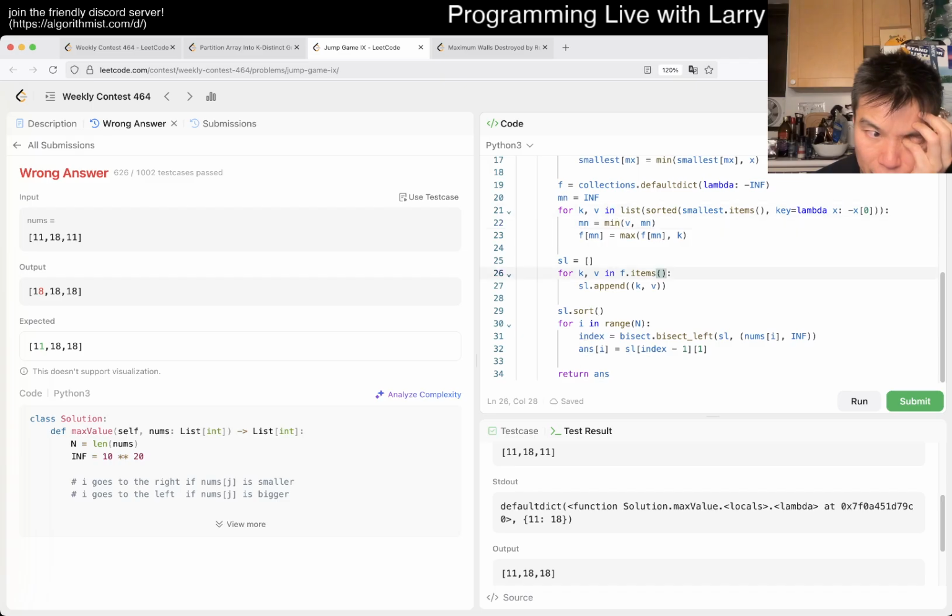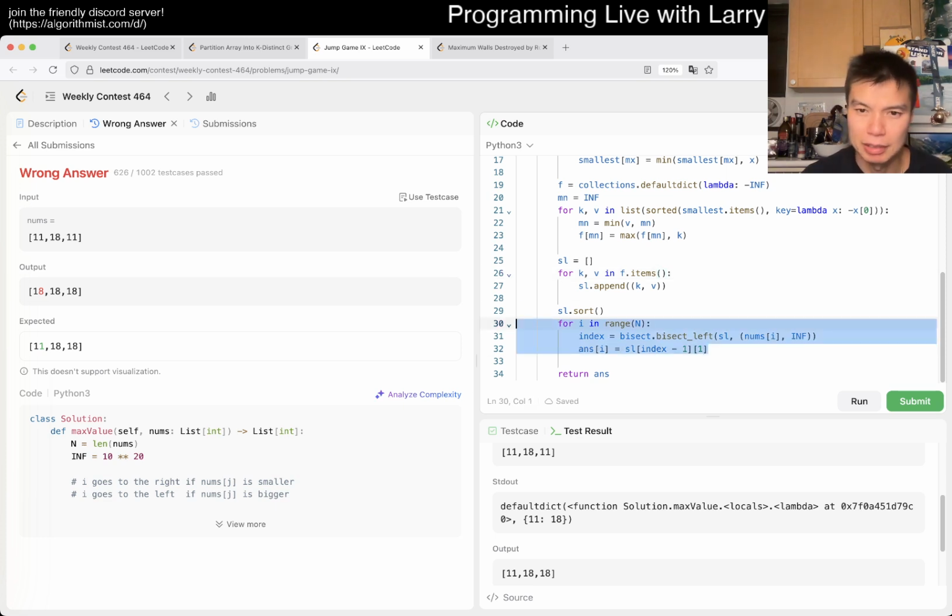In a way. Maybe I just need to do a +1 somewhere. And this maybe is done backwards. This probably works, but I have to do it in another way.